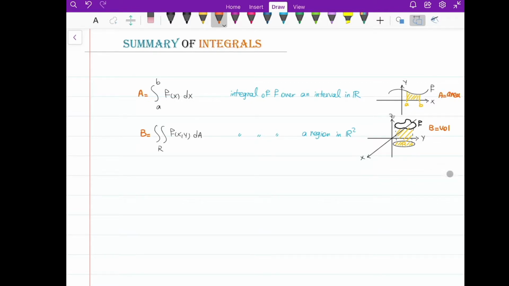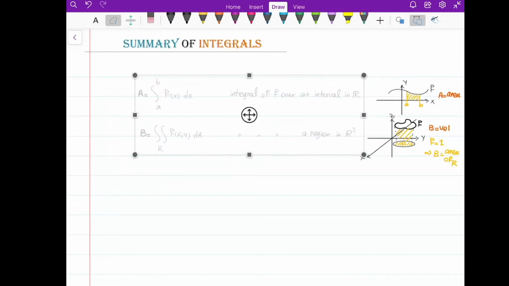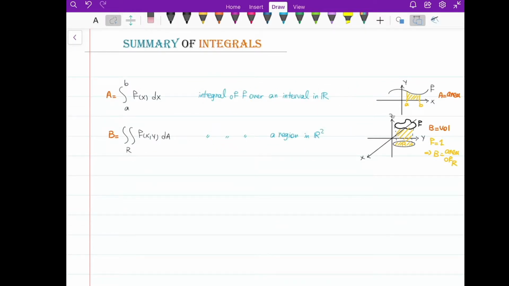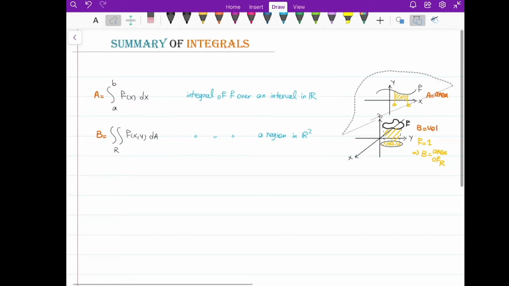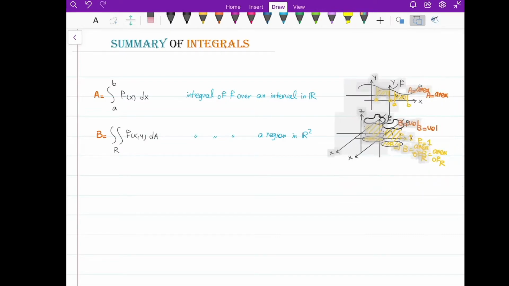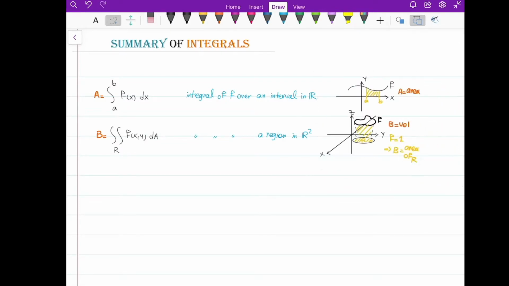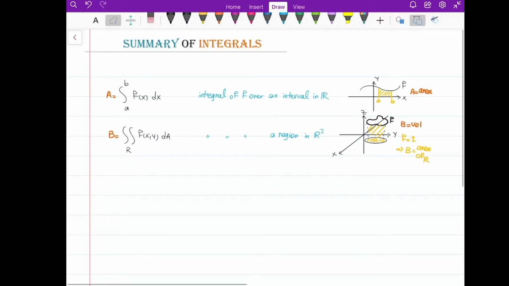And if f is equal to 1, then it would be the area of the region R. I want to have more space, so let me move everything to the left.